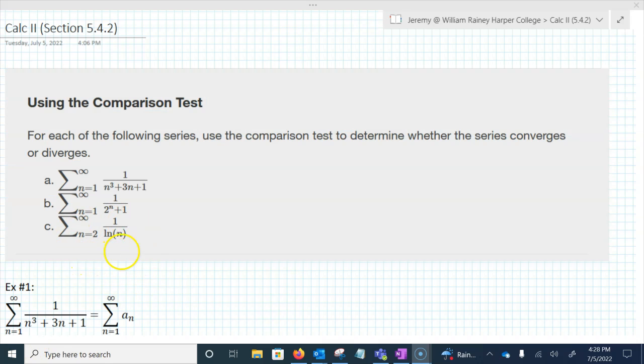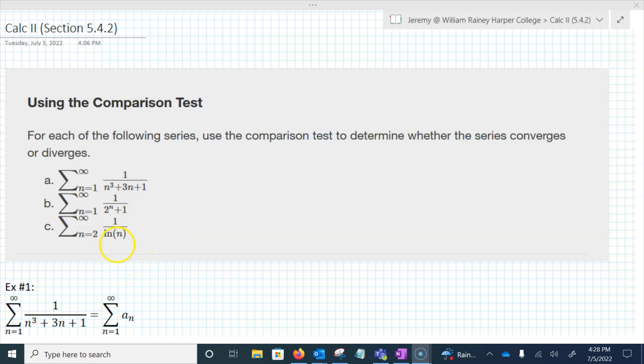Here in example 3, I have the series of terms 1 over natural log n. Now, natural log n is a log function whose base is e, and that grows very slowly. In fact, natural log n is less than or equal to n for all n bigger than or equal to 1.